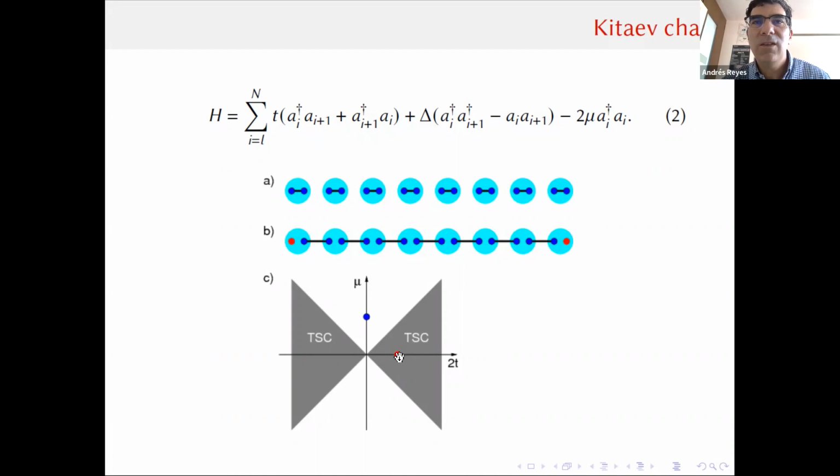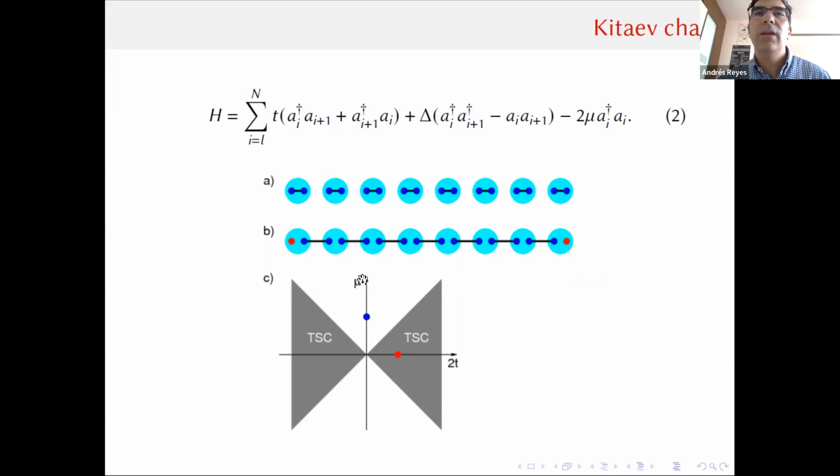And when you are sitting in this shaded region, precisely at the point where the point is red, the coupling between the Majorana operators on the edges disappears, and you are left with two modes which produce these edge states. So there are zero modes related to that.